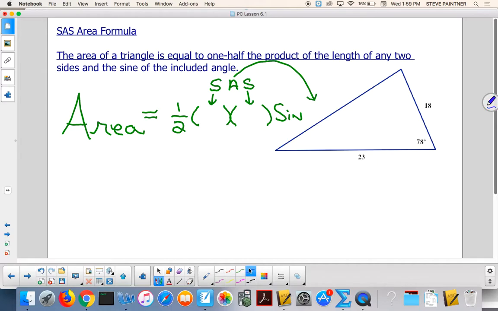Two sides I gave you were what and what? Side, angle, side. What two sides did they give you? 18 and 23. That's what goes there. The included angle is 78.